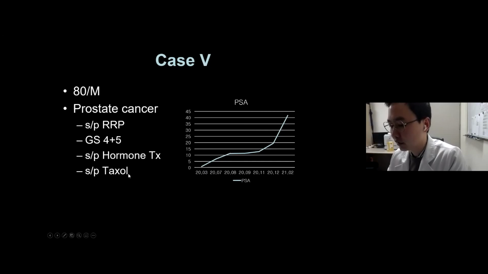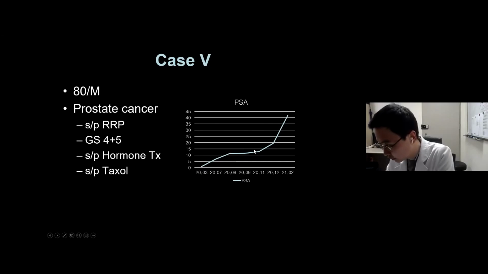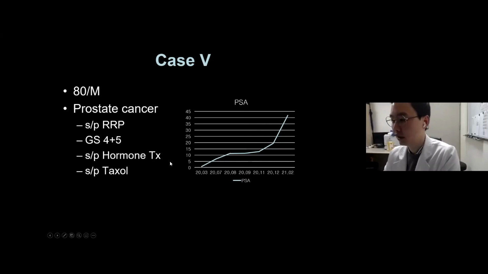After applying this chemotherapy, the PSA was stabilized in 2019 and 2020. However, there was first a slow elevation, but lately a very sharp elevation of PSA was reported.